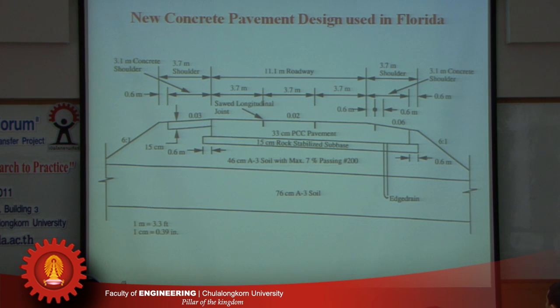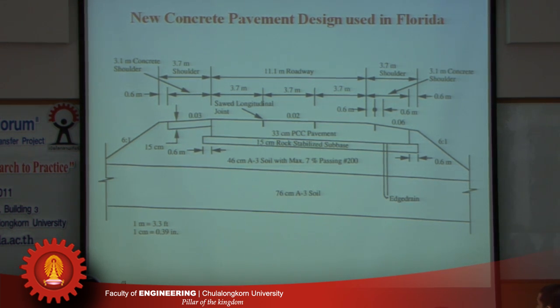But if you make the slab wider and you mark the lane properly, it's less likely for the truck to go to the edge of the slab, because if you mark it as the edge of the lane, even if it goes to the edge of the lane, it's still 0.6 meter away from the edge of the slab.